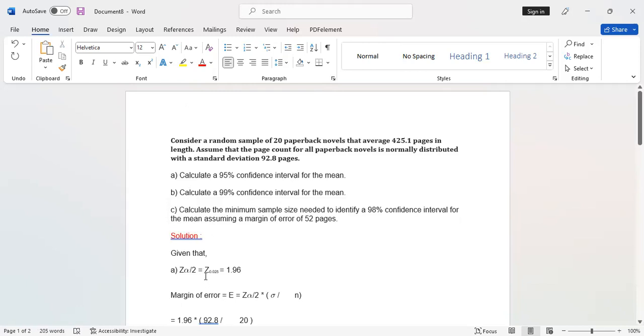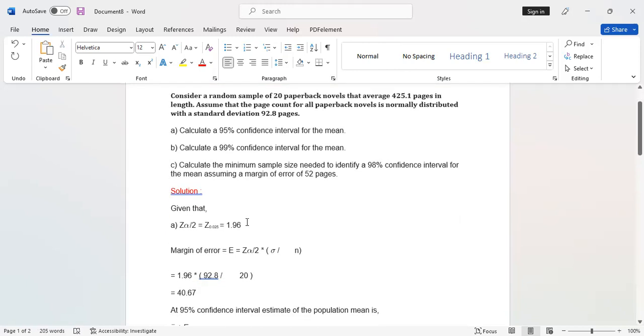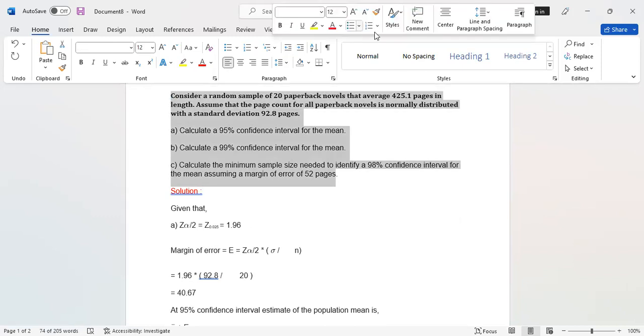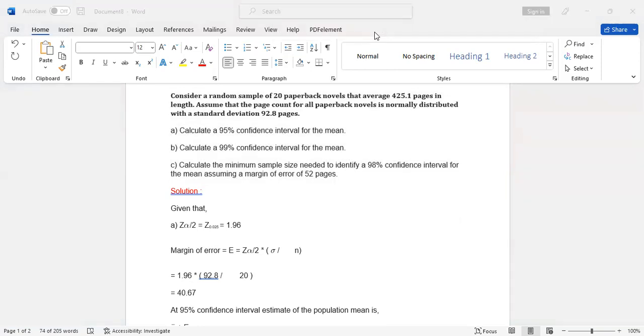A 95% confidence interval, so our Z is 1.96. How do we find the 95% confidence interval?